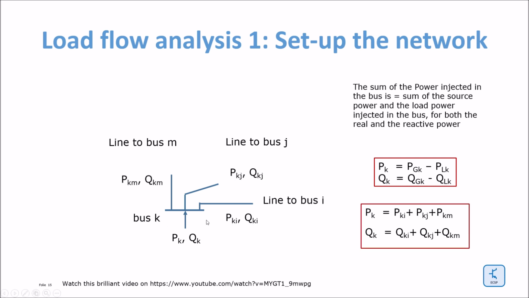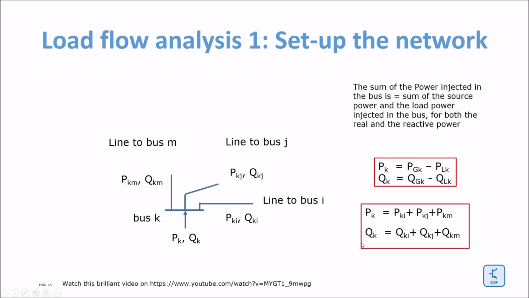In order to keep the balance between the injected power at the bus number K and the power flowing to the lines, we have the following equation. The injected real power Pk is equal to the real power flowing to the lines, Pki, which is this one, plus Pkj, which is this one, plus Pkm, which is this one.